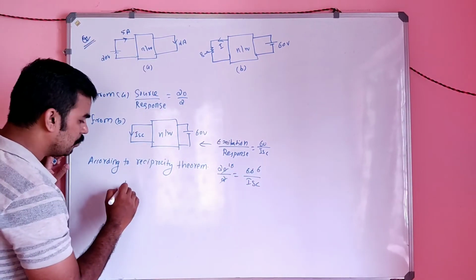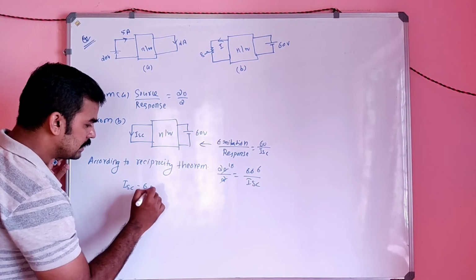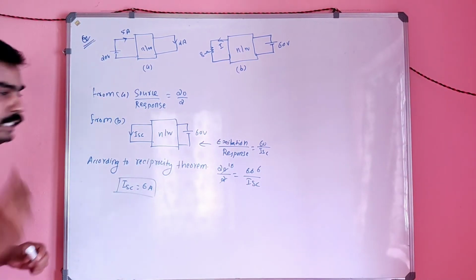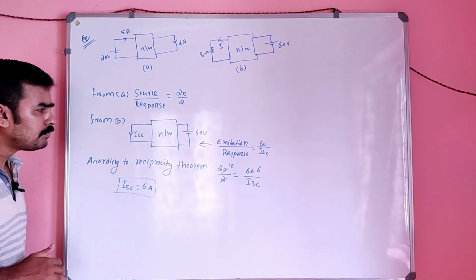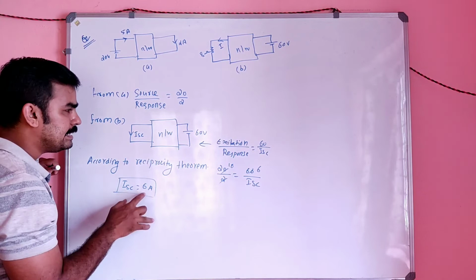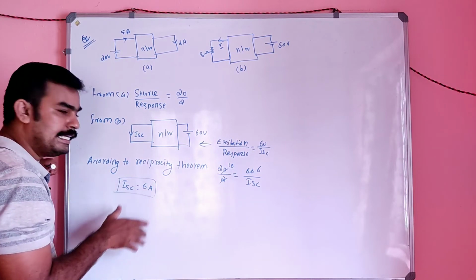So ISC will be what? 6 ampere, right? That means you have a circuit like this and its ISC is 6 ampere.